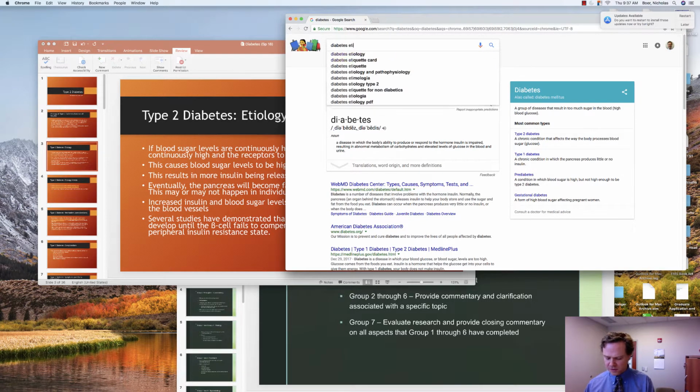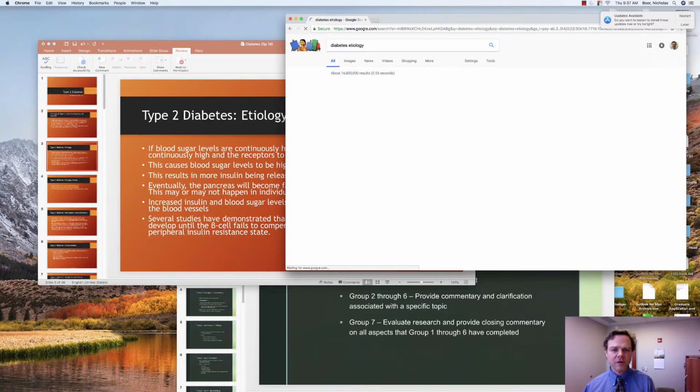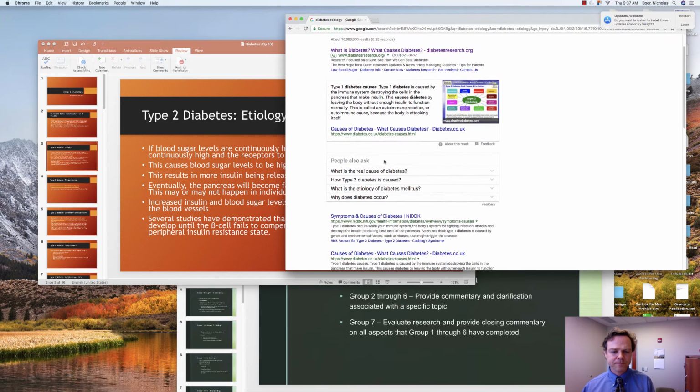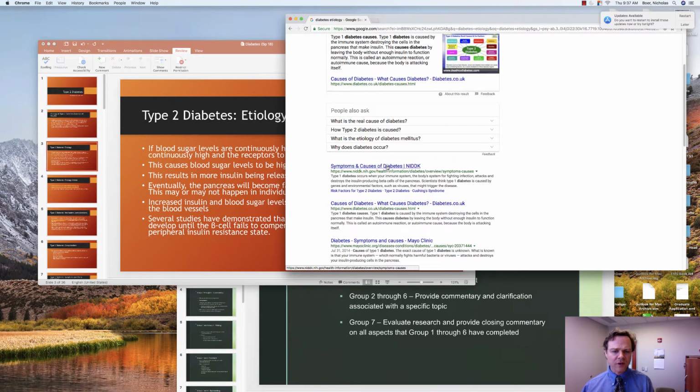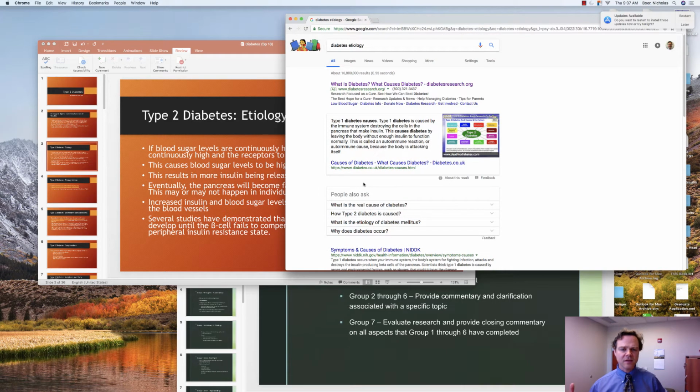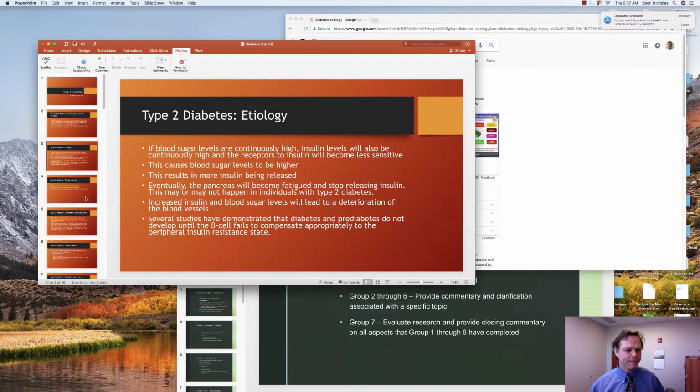Sometimes you can add an extra term, and that will give you a more refined definition. For some things, especially these major disease topics, you could go with just the term, and that will give you a lot of information. But if that is not giving you the information you want, then refine that search for sure.